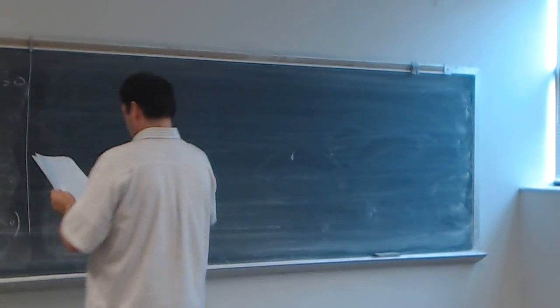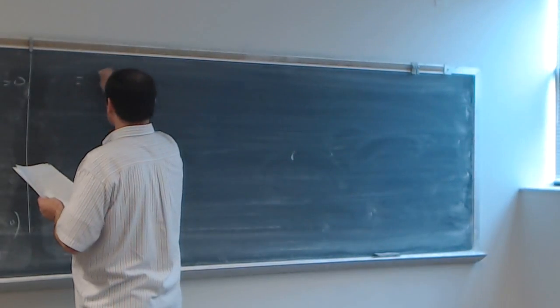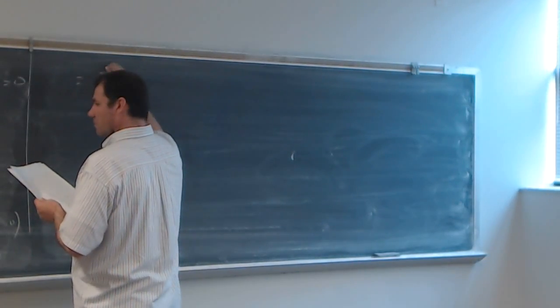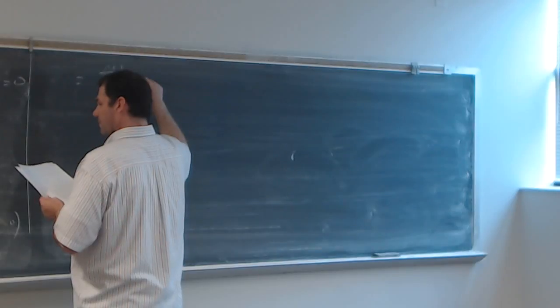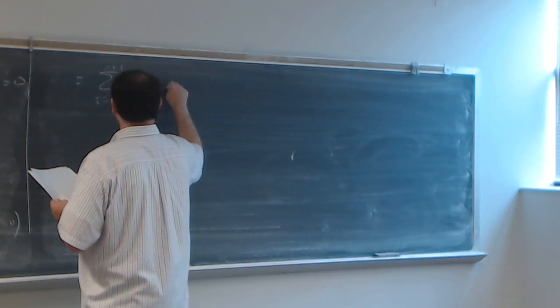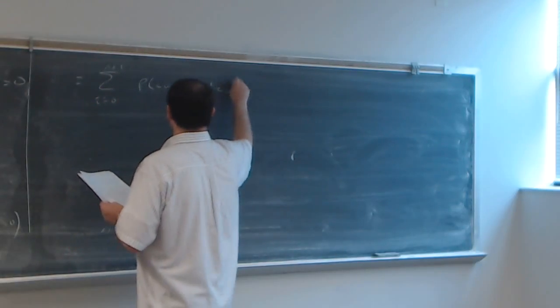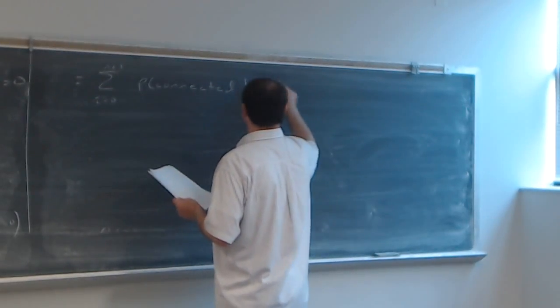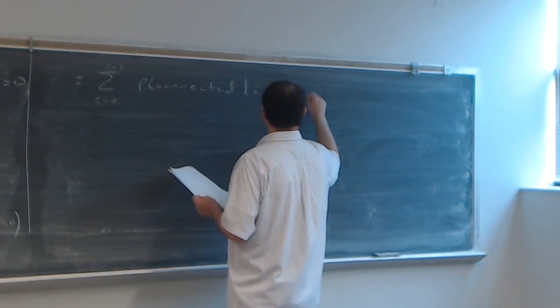So that's equal to the sum as I runs from 0 to n plus 1, the probability of the graph being connected, given I of the y sub j's equals 0.